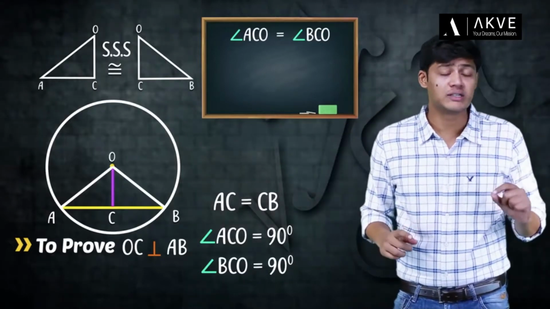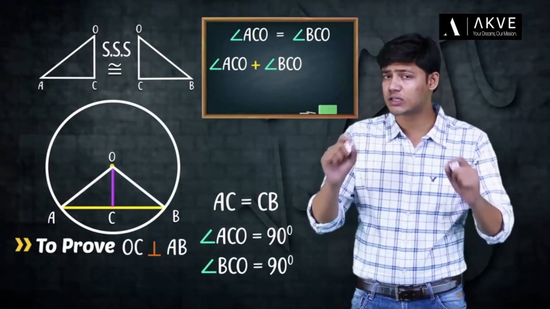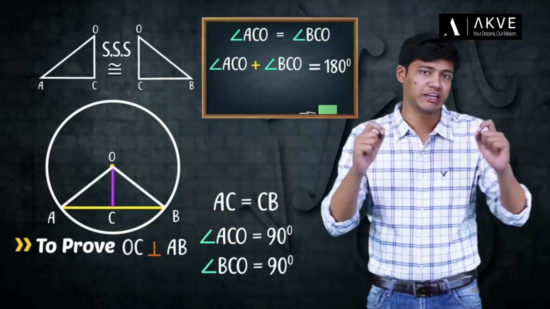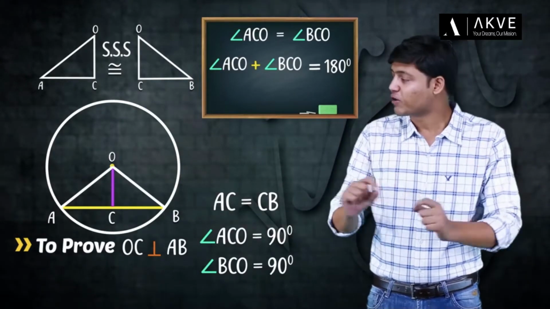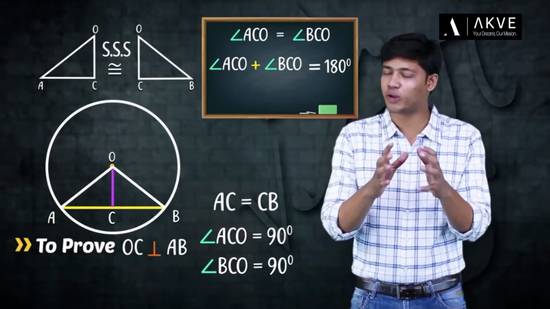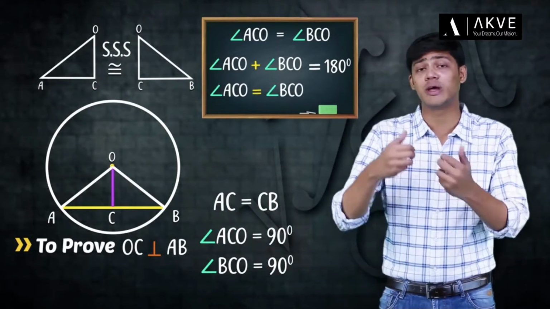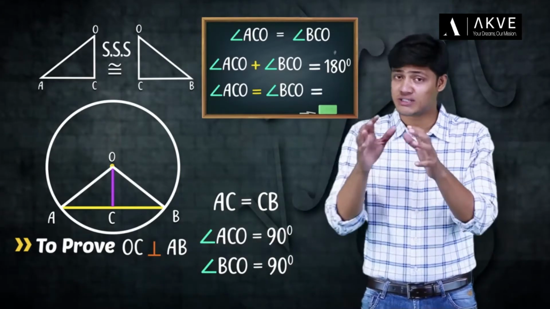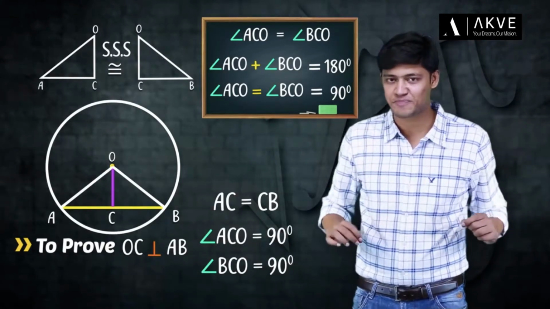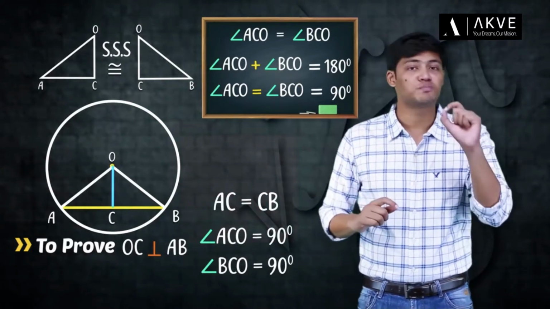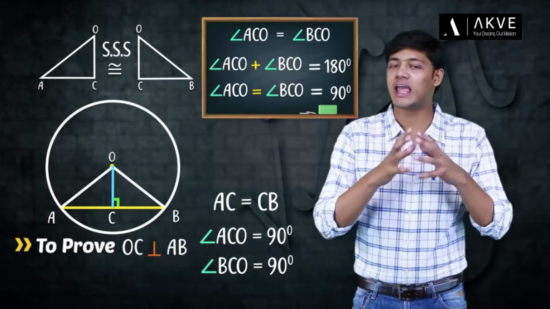And we also know that the sum of both these angles is equal to 180 degrees since both of them form a linear pair. So, from both these statements, we can conclude that the angle ACO is equal to the angle BCO, which is equal to 90 degrees. So, we proved that the line segment OC is perpendicular to the chord AB.